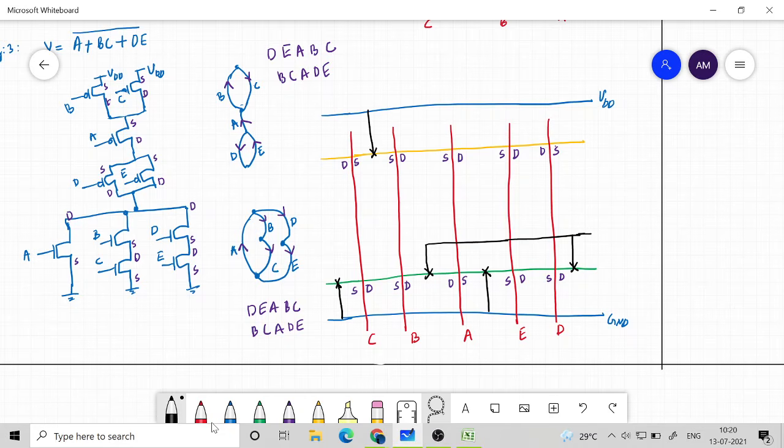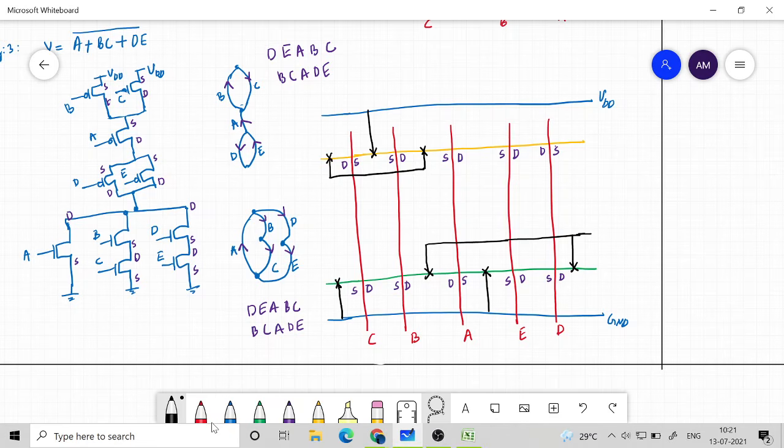Then the drain of C and B should be connected, and it is the source of A. Okay, that is also connected.